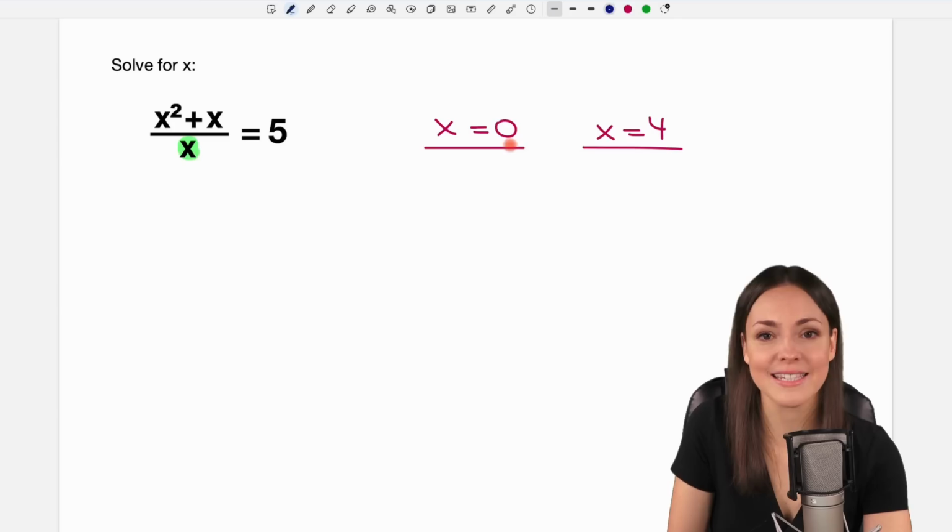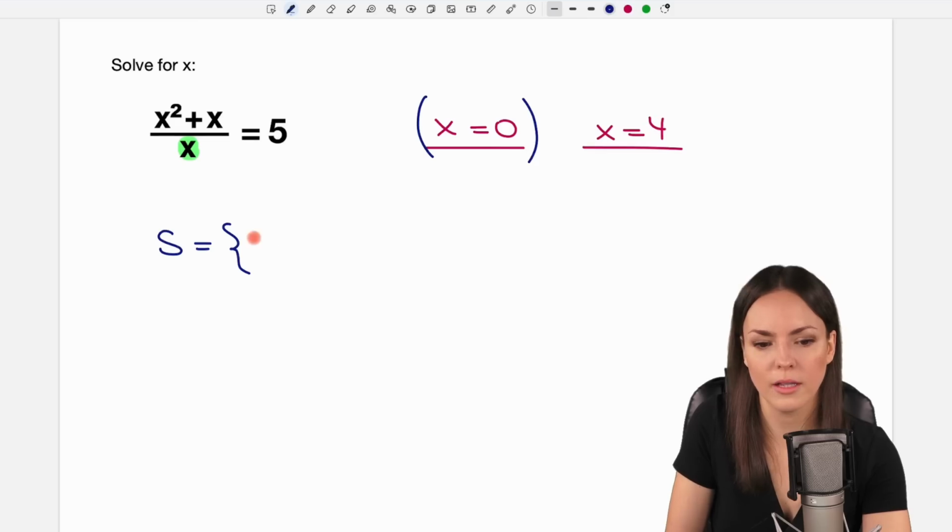So 0 is not part of my domain for my equation, so 0 is not a solution. The 4 doesn't make any issues here, so the 4 is okay. So if I want to write down the solution set for my equation, I get the set with the element 4, not the 0. This is not a valid solution, so only the 4 solves my equation.